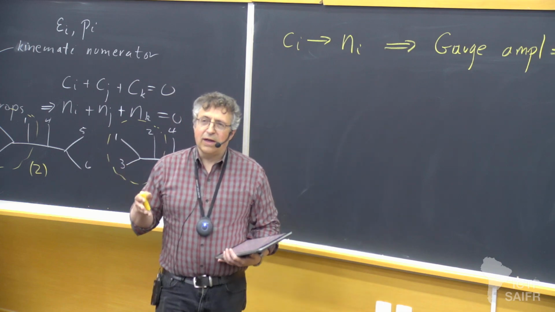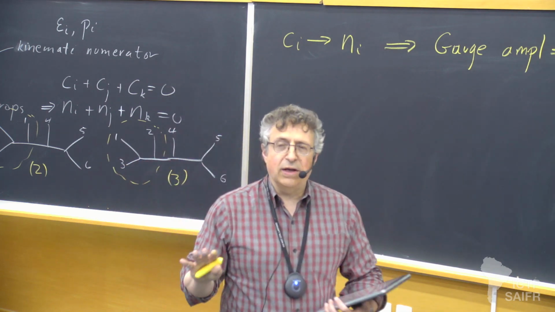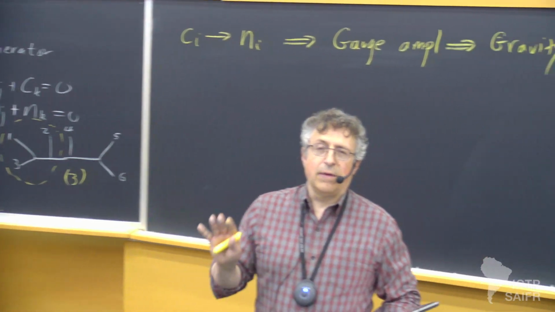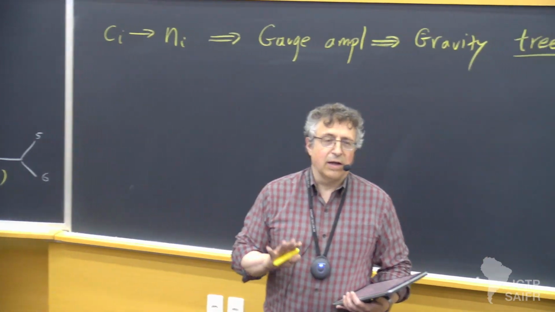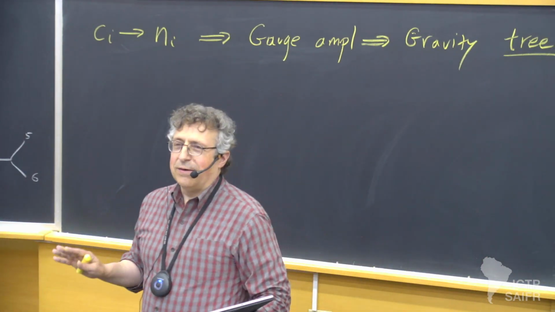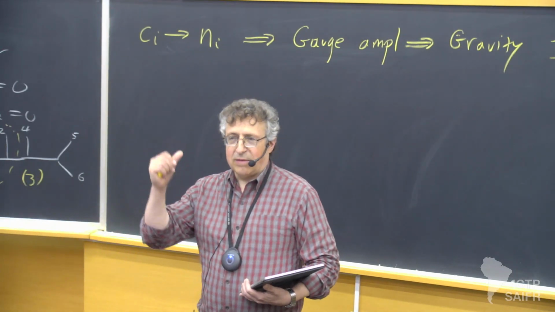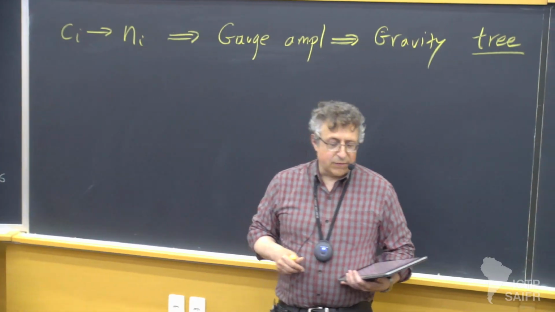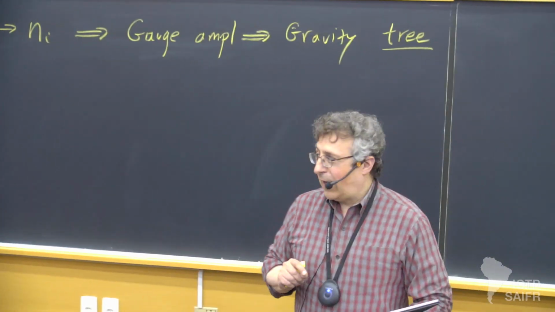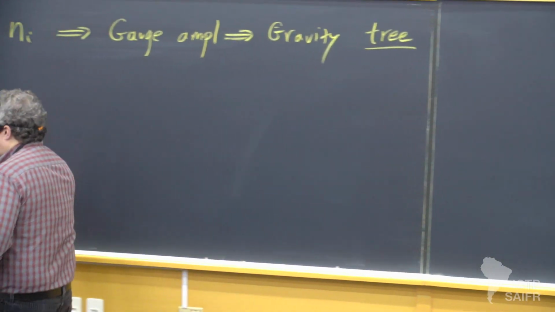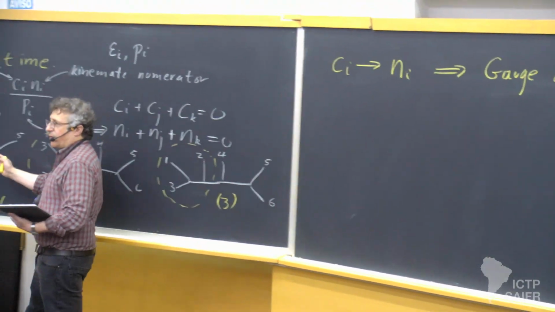If you're going to tree level, sticking entirely to tree level, and you're never going to think about doing loop level calculations, you might as well stick to the BCFW recursion relations. But this is much better for loops. And that's for technical reasons, having to do with the fact that it's organized according to diagrams.